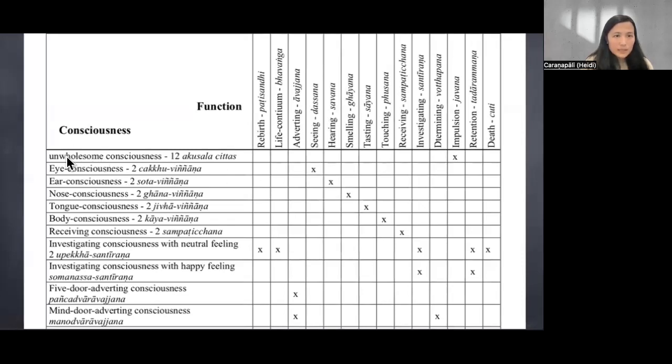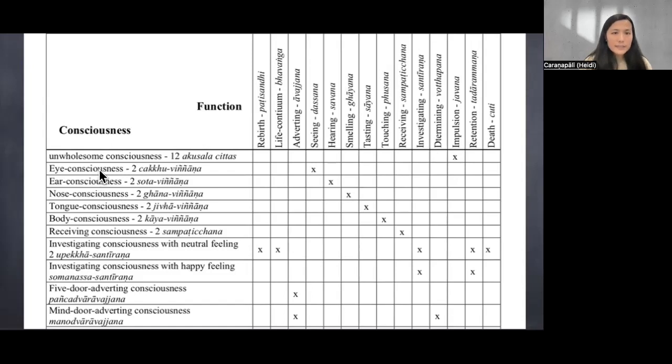And then we see, let's say, the first type, the 12 akusala cittas, the first 12 unwholesome consciousness, what function can they perform? So we can see only javana. Yes, only javana. So akusala cittas can only arise during the javana moments, no any other moments, because they are active, they're doing something, they are planting seeds. So they arise in the javana moments only.